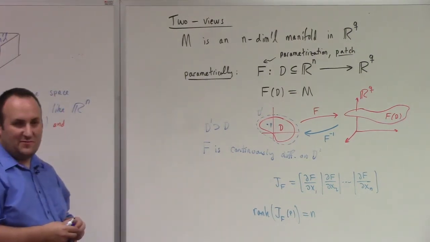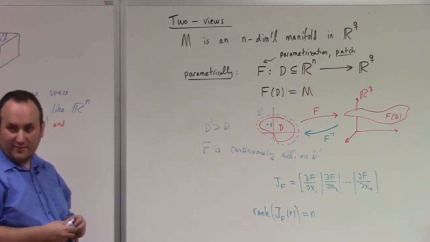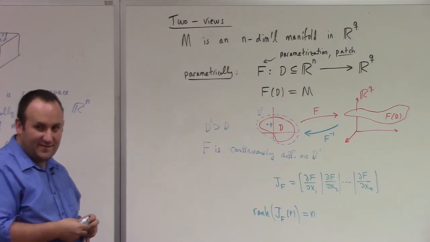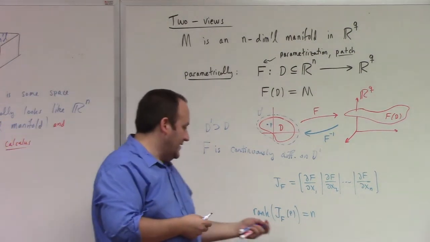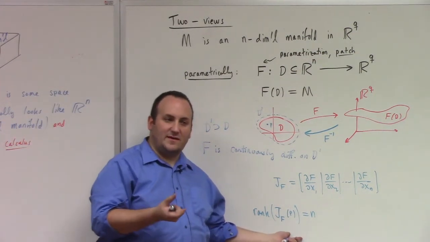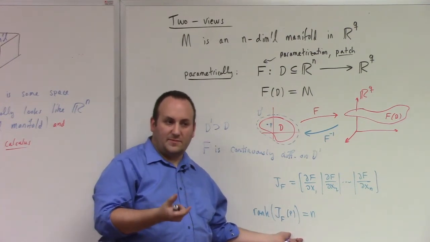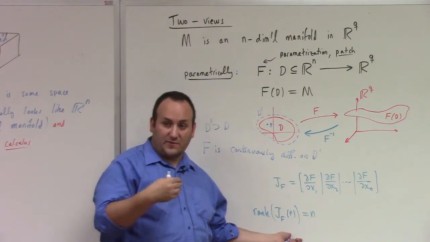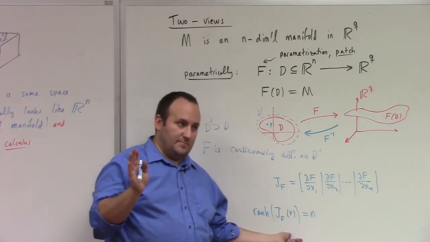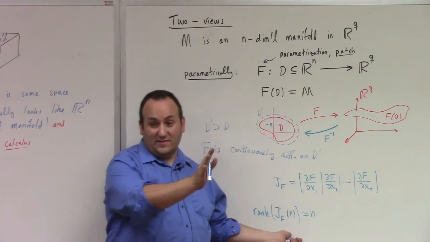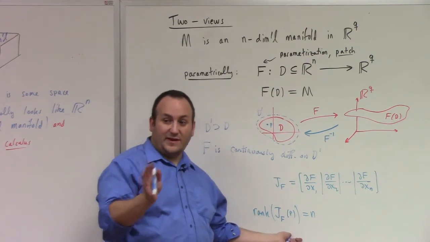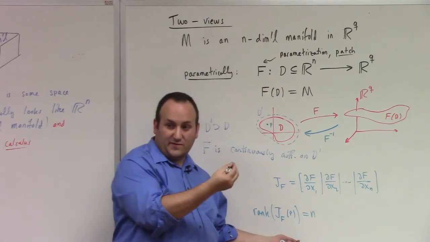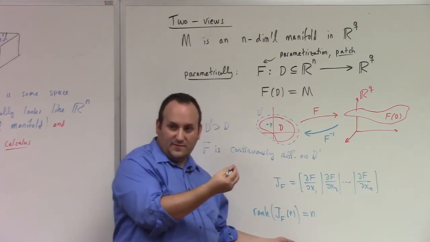Now, the question is, how do you find the rank of a matrix? The rank is simply the number of linearly independent columns or linearly independent rows. We can prove that they're equal. So if there are basically 3 independent columns, that means it's going to give us a 3-dimensional patch.